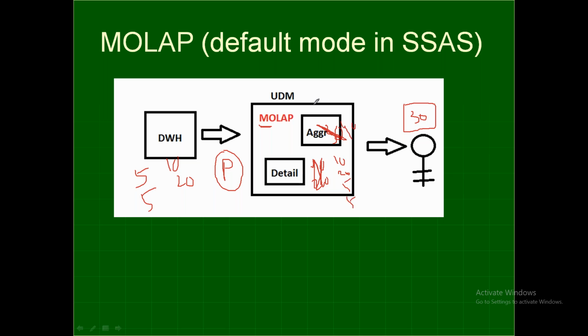So process means it is deleting, then loading. Delete, load and process, these are the steps. Delete all the data from the cube database first, load all the data from the data warehouse later, then process it.